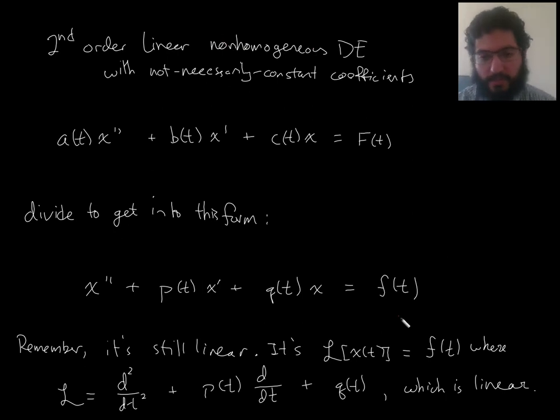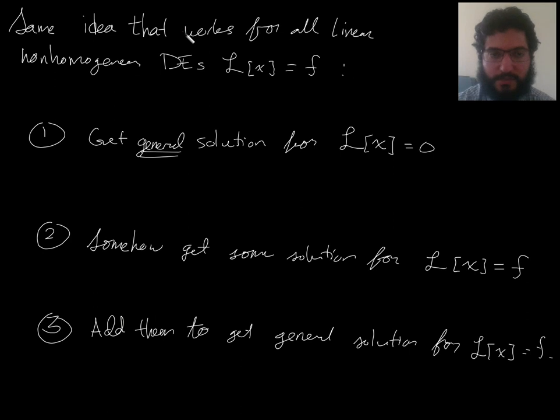Well, first of all, let's remind ourselves about the things that do work no matter what, the things that work just because you have a linear differential equation. So because it is a linear second-order differential equation, you can apply the same idea that you would apply to any one of these Lx equals f kind of differential equations.